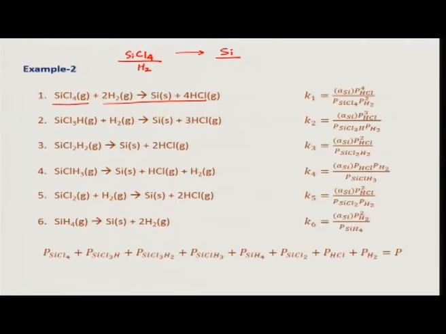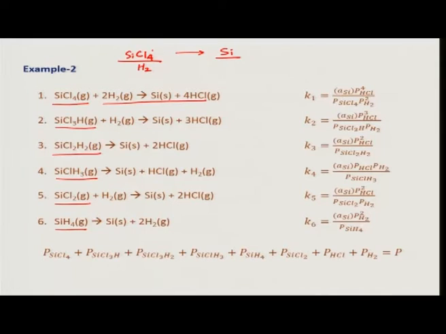However, you will also find that you have trichlorosilane, dichlorosilane, chlorosilane, dichlorosilicon, and this silane. So, all these 6 plus hydrogen, 7 gases, are found in the reactor when you start with just silicon tetrachloride.